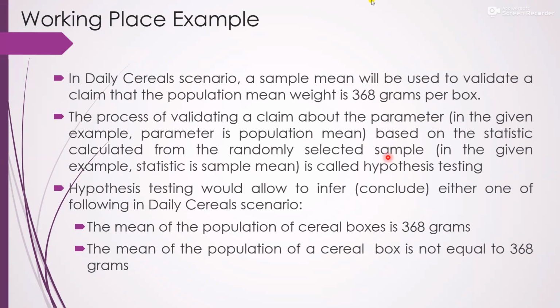This is the general statement. But with our example, the parameter is the population mean and the statistic is the sample mean. So this is called hypothesis testing. Generally, the process of validating a claim about the parameter based on the statistic calculated from the randomly selected sample is called hypothesis testing.